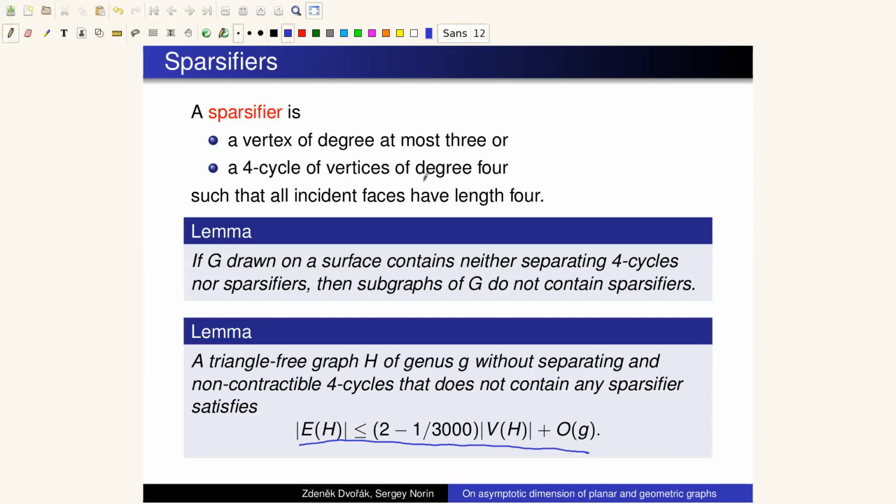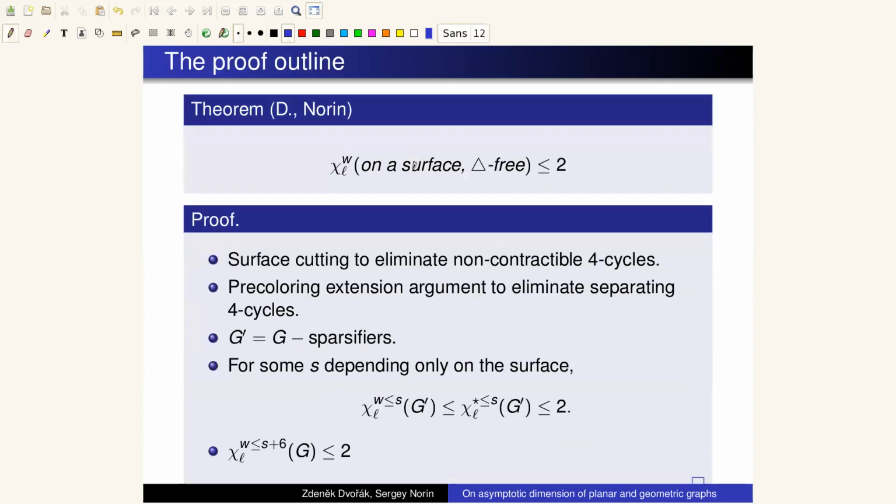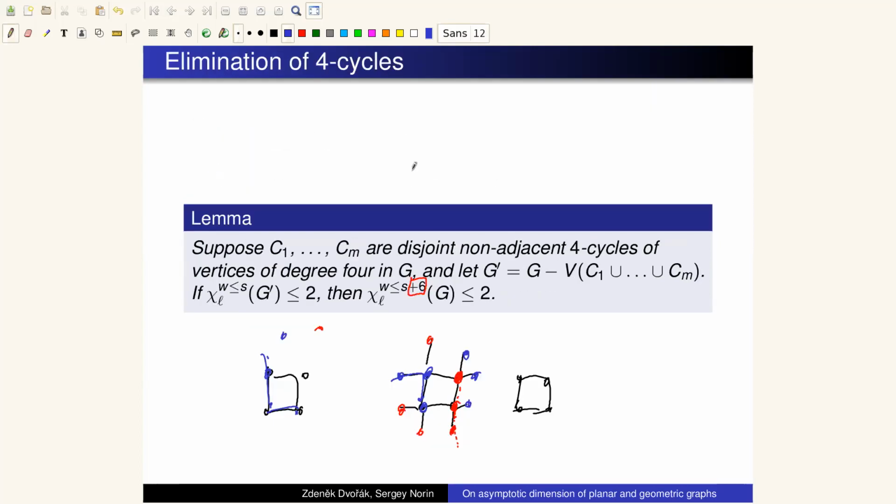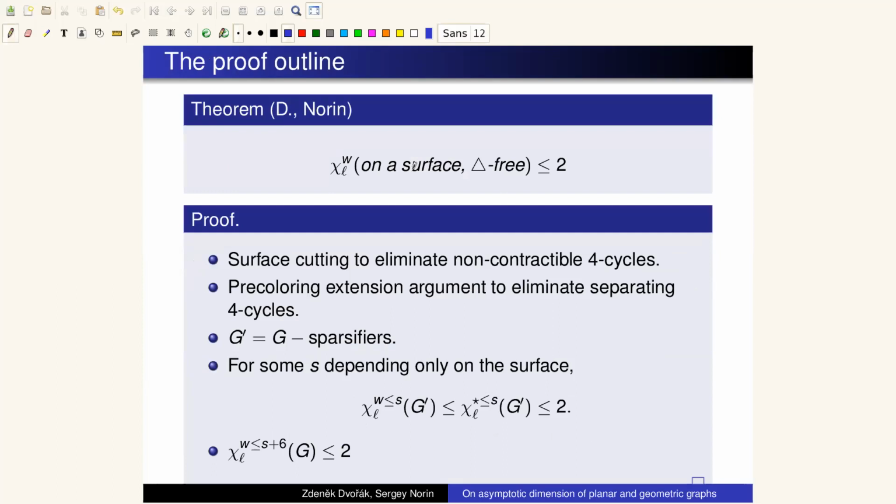You need to play with forbidding separating 4-cycles, and then you need to handle the separating 4-cycles by some recursive extension arguments, but let me not go to the details. I think that these two things are the basic ideas that we use there.